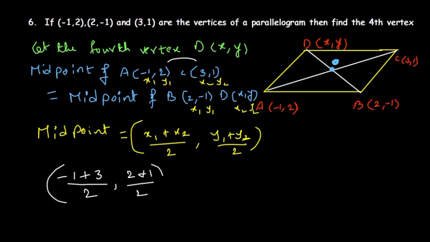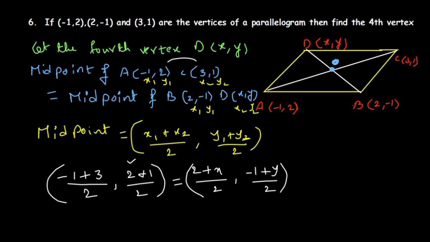So this is ((x1 + x2)/2, (y1 + y2)/2), equal to, again, the BD midpoint, that is ((2 + x)/2, (-1 + y)/2). Next, -1 + 3, that means 2/2, comma, 2 + 1, that means 3/2.